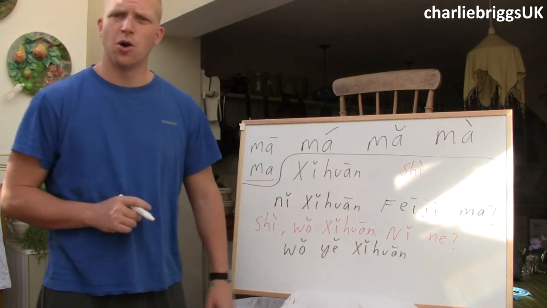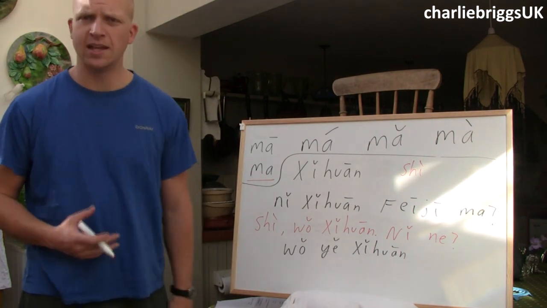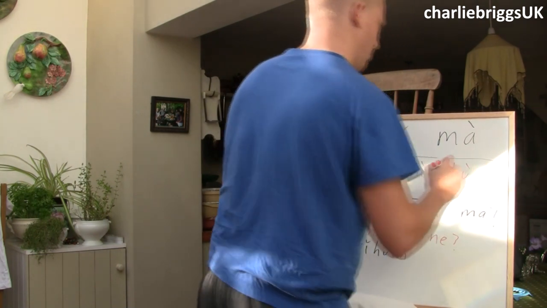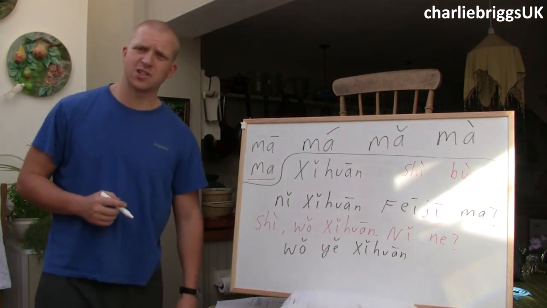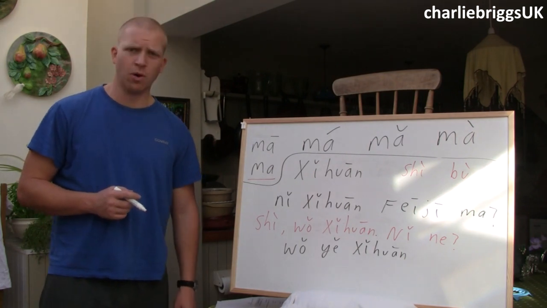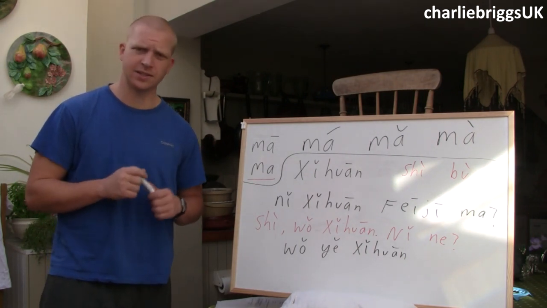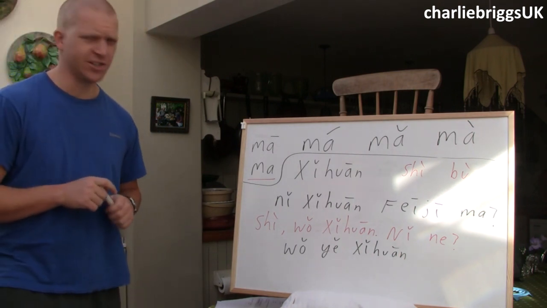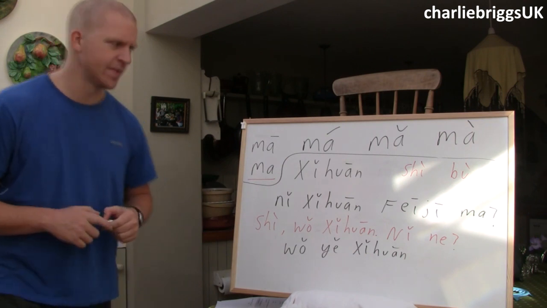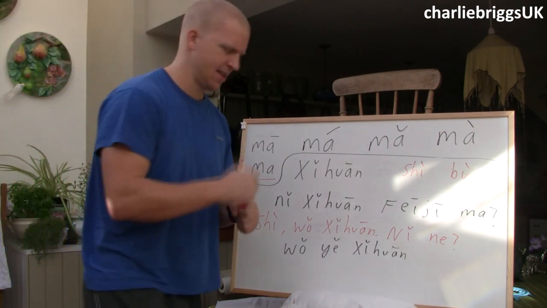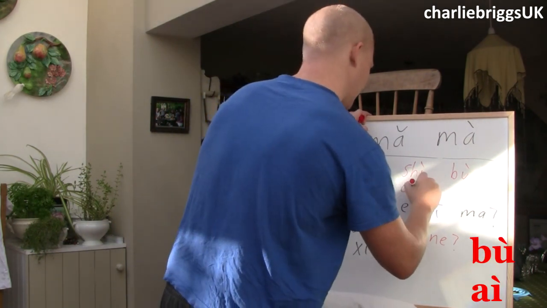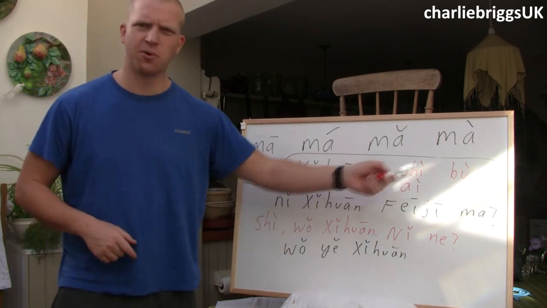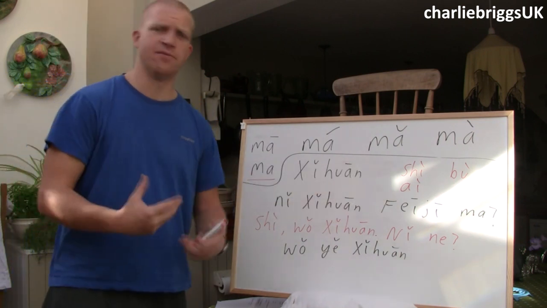Now, 是 is yes in this case. No or not is 不. Also fourth tone. So if you want to say you don't like something, you can say 我不喜欢. But in this case, how about we say I don't like them, I love them. To love is 爱, fourth tone again. These are all fourth tone. 我爱, I love something.